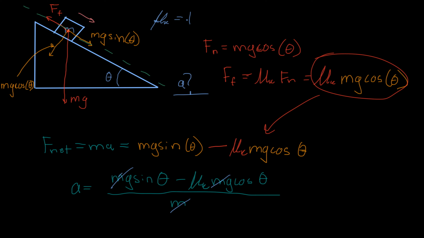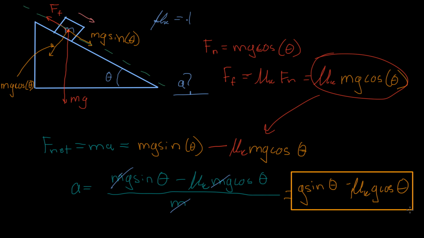And again, something that you'll probably find quite interesting is that the mass of an object does not really affect acceleration, just as we saw previously in the last video, but even in this video, even when we consider friction, kinetic friction. That's mu sub k g cosine theta.